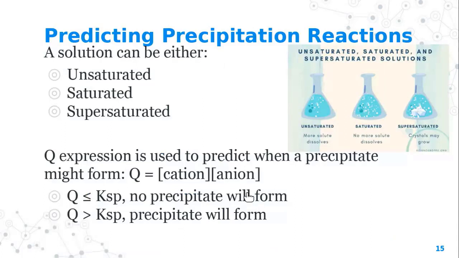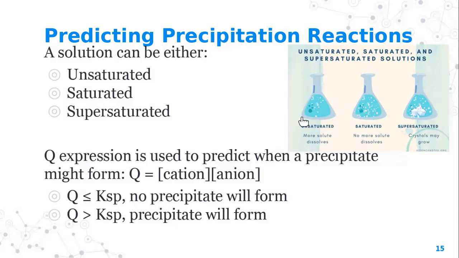All right, so the next part is predicting precipitation reactions. There can be 3 types of solutions that we have: unsaturated, saturated, and then supersaturated. In terms of calculations, you guys are probably just going to look at saturated for the math-heavy ones.